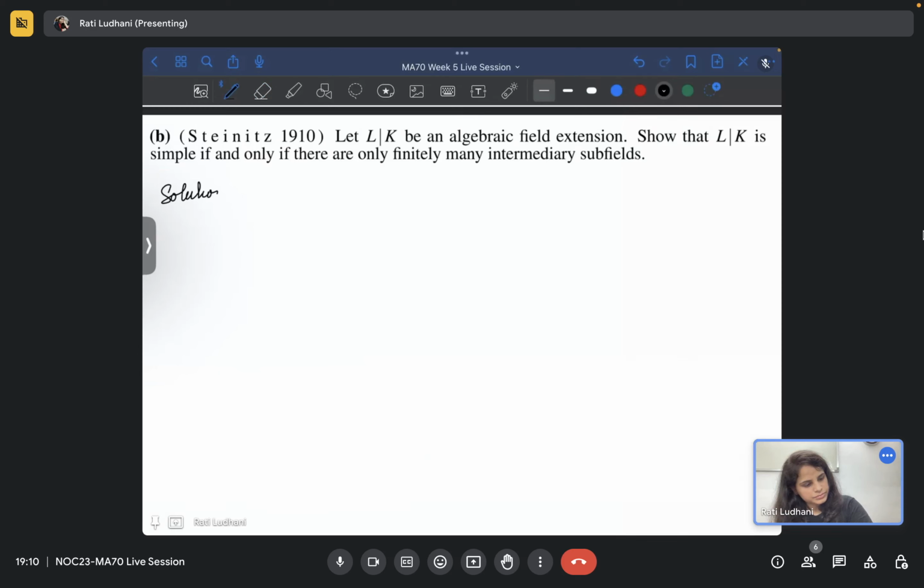Okay, a small but strong question. So L over K is given to be an algebraic extension.